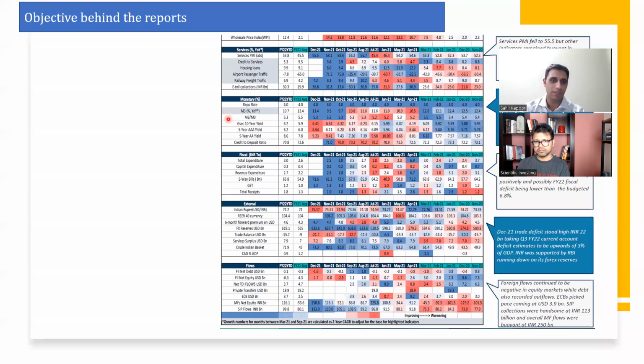And I'll tell you a secret. We are trying to write a book about macroeconomic indicators, which should be purely in the Indian context, right? And why we are attempting such a feat is a lot of people look at this data and they try to learn from this data.